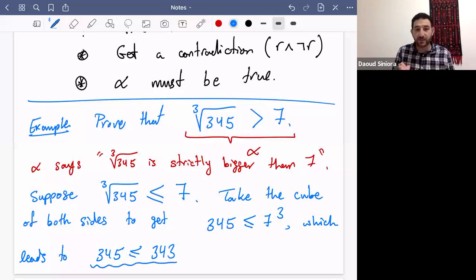Okay, this is a statement which is always false. Like 345 is not less than or equal to 343, which is a contradiction.